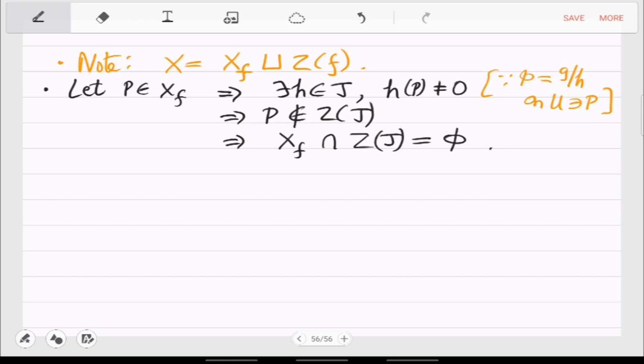So any point P that you pick, you will find an H such that H at P is non-zero, and that means that X_f cannot have a common point with Z of J. And when that happens, then you should invoke Hilbert's Nullstellensatz.